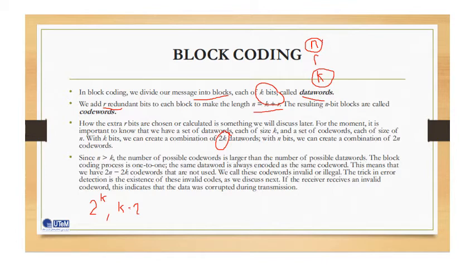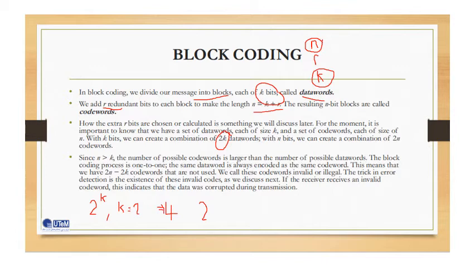The combination we have is 4 because of 2 to the power of k. So if k equal to 2, you can have 4 data words.